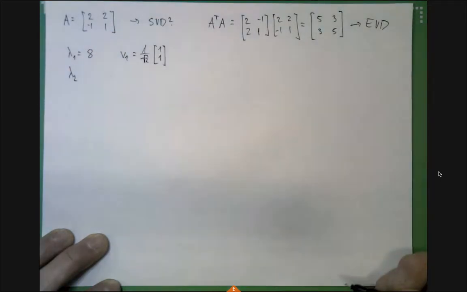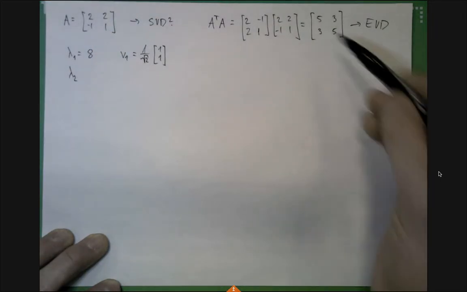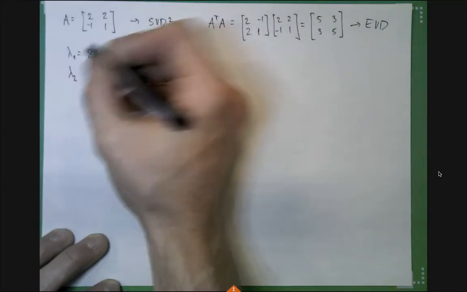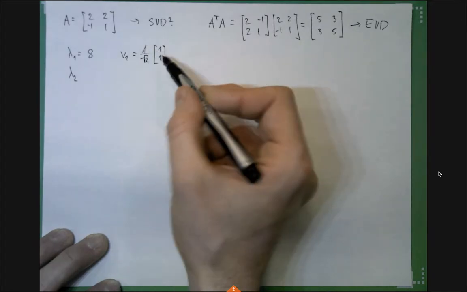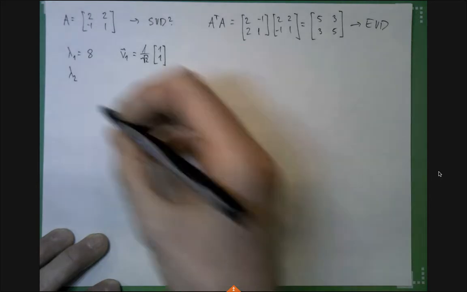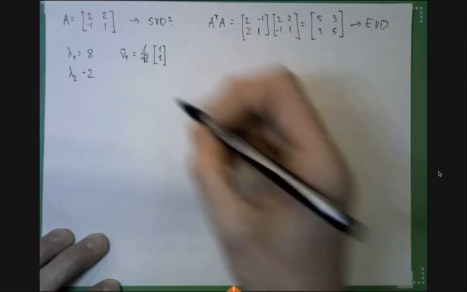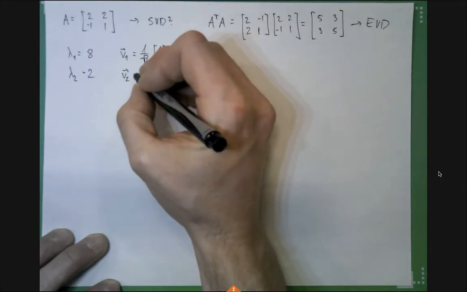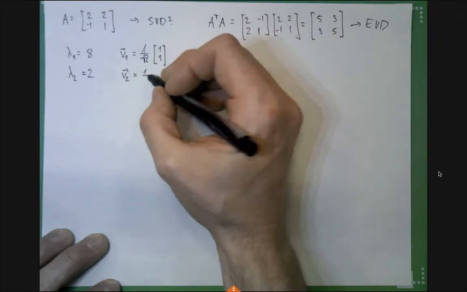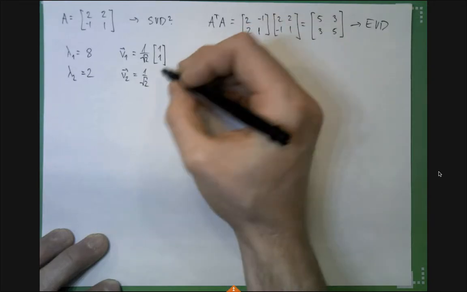I hope everybody knows how you would compute it: you would form the characteristic polynomial, find the roots to get these eigenvalues, and for the eigenvalues find the corresponding eigenvectors. We have done this a few times, so there's no need to recap this. The second eigenvalue is 2, and the corresponding eigenvector is this one.